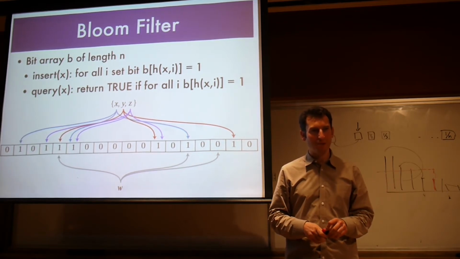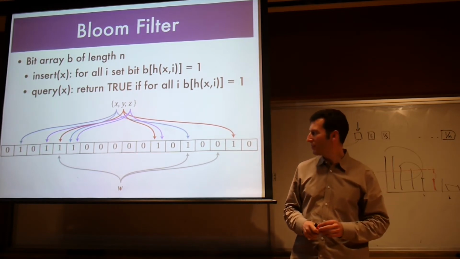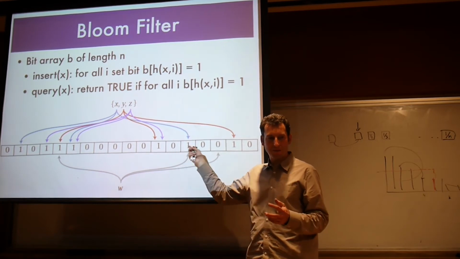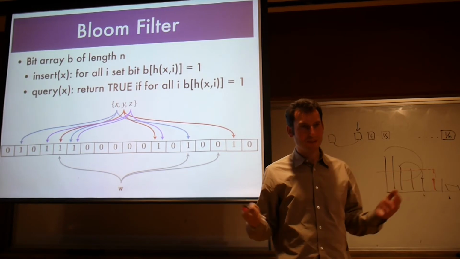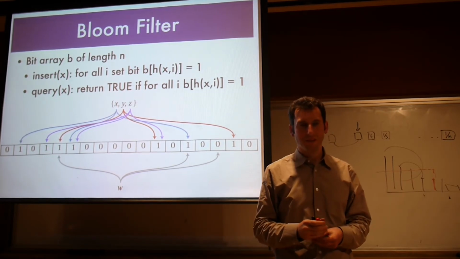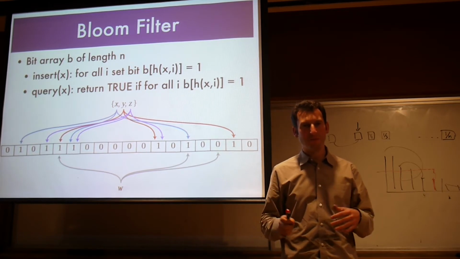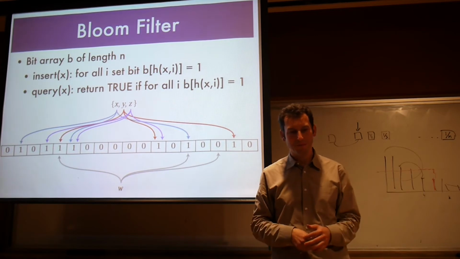However, I might get some false positives. False positives occur if I hit by accident k random bins, if I have a replication of k, that just happen to be set to 1. And so what you want to be able to do is control the number of bits that by accident just happen to get set to 1 if you look for them.